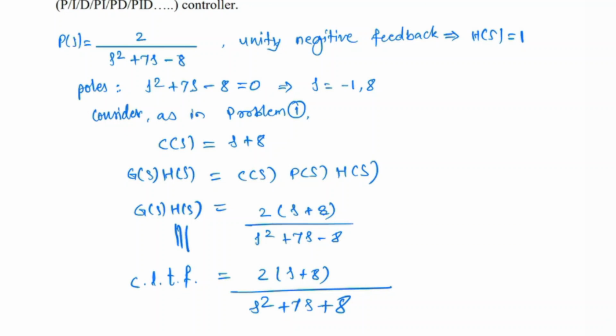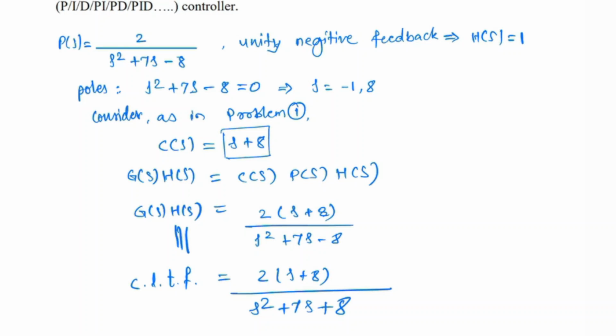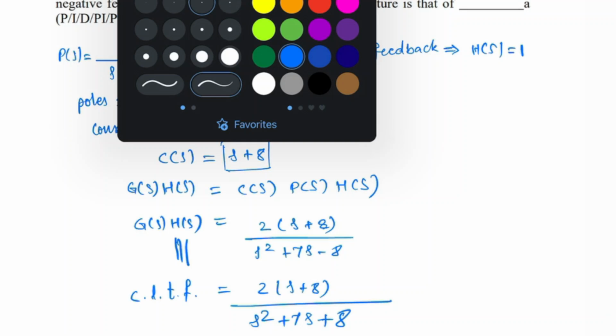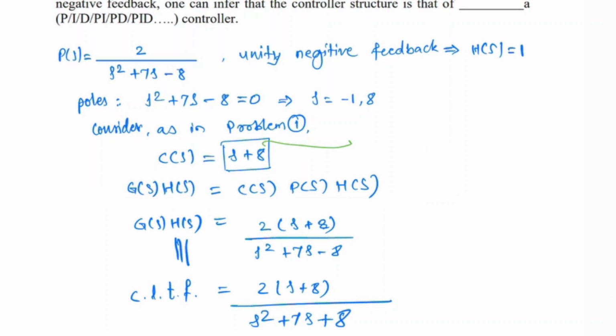stable. So if we consider this kind of structure as a transfer function, then it has a structure of Kp plus Kd into s. So this is like a PD controller.